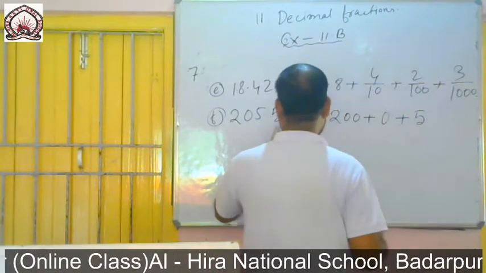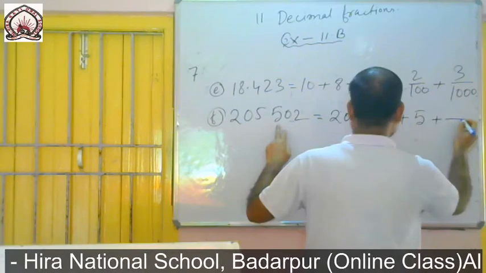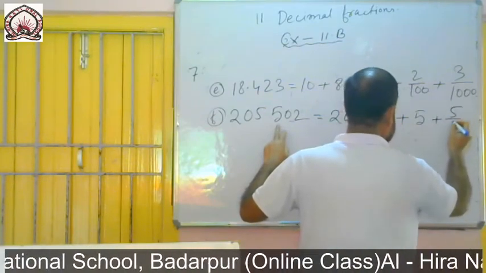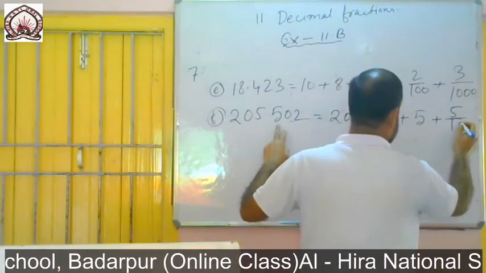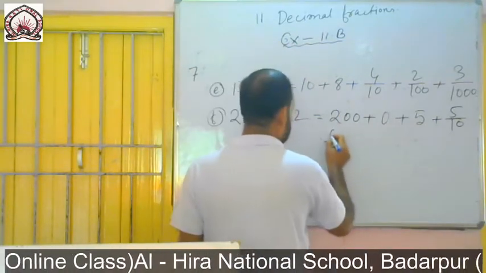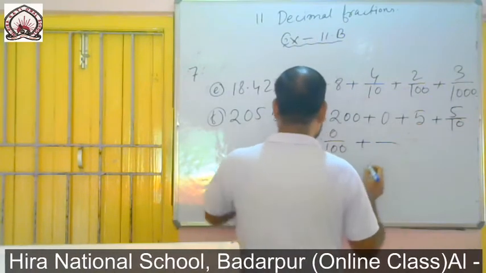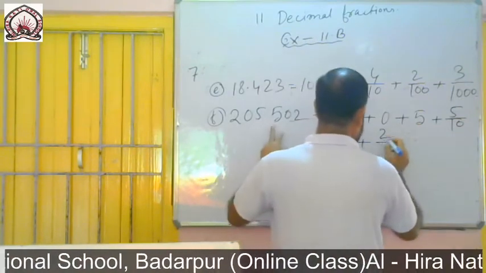This 5 is in the tenths place, that means 5 by 10. This 0 is in the hundredths place, 0 by 100, plus 2 is in the thousandths place, so 2 by 1000.